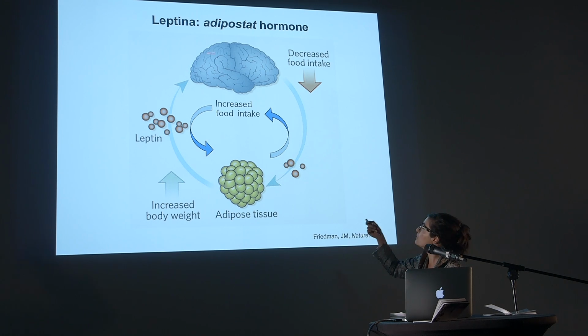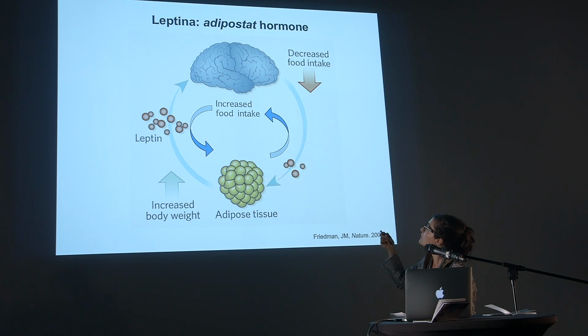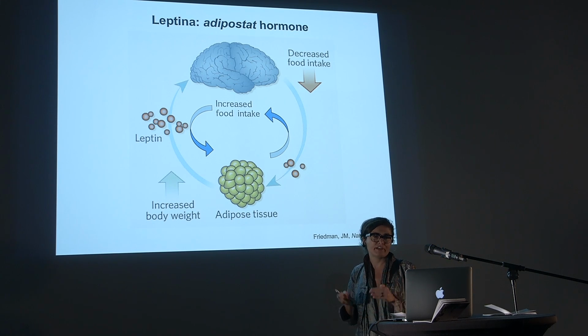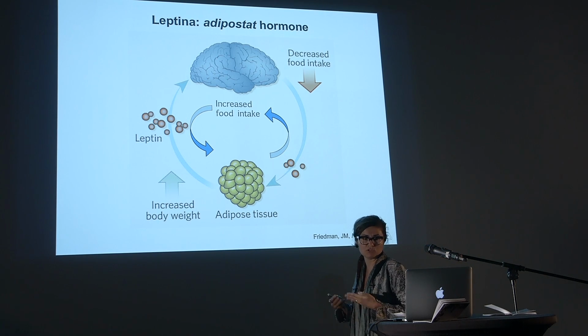So this is a typical negative feedback loop, just like a thermostat, so it's an adipostat, that keeps the amount of fat in a very narrow range of variation. So as the fat diminishes, the amount of leptin is also going to diminish, which in turn increases the amount of food intake, which then in turn makes the fat go back to the original size.